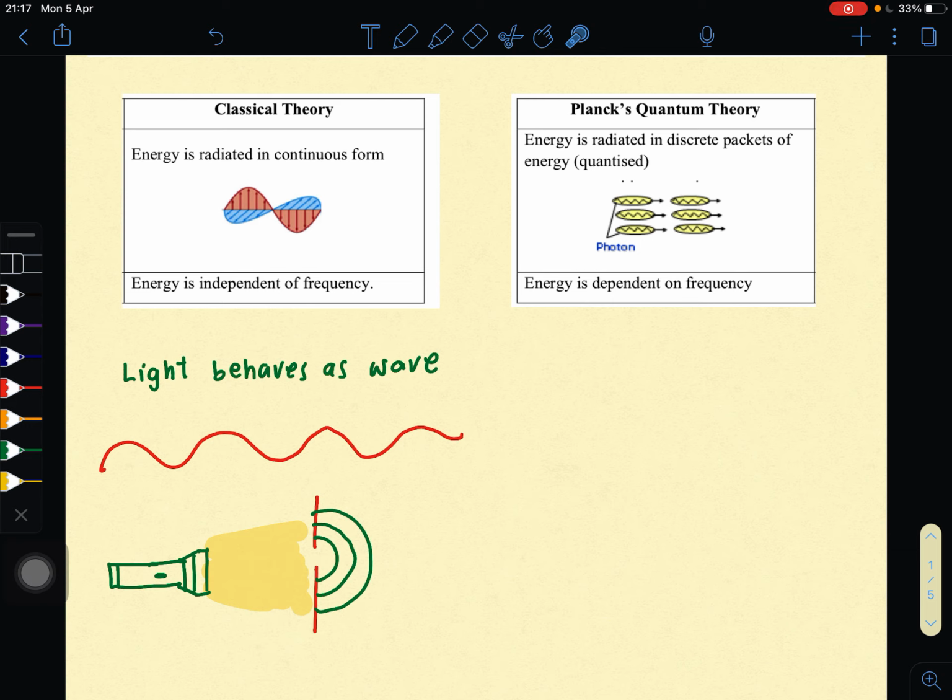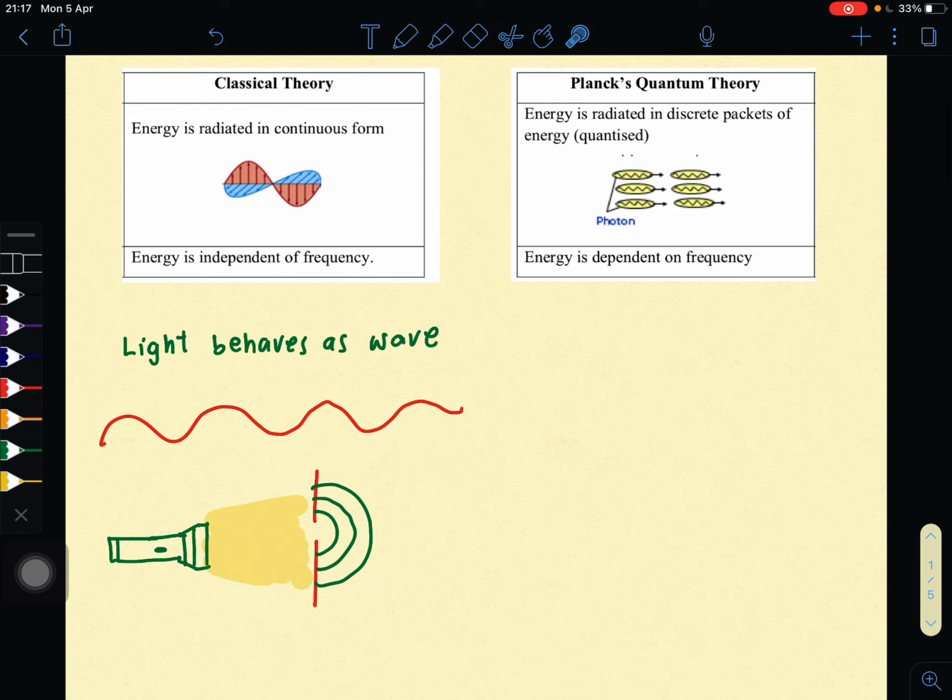And then years and years after that, scientists came up with a new theory, a modern theory. We call this Planck's quantum theory, where it says energy is radiated in discrete packets of energy, or quantized. Scientists managed to prove that if we have light coming from a flashlight, this light brings energy, it radiates energy, but this energy is now in discrete packets, no longer continuous.